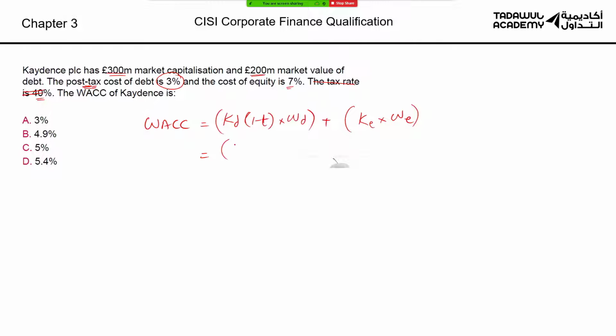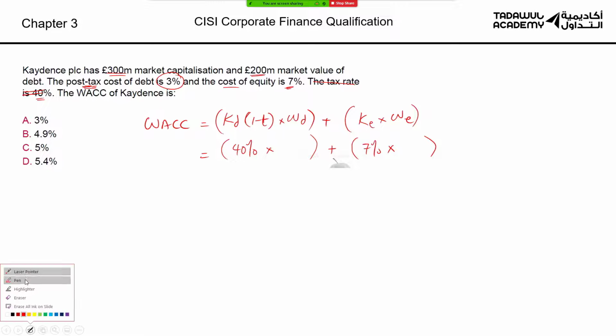So the cost of debt times, what is the weight of debt? We don't know yet. Plus the cost of equity, which they give to you, 7% times the weight of equity. Oh, sorry, 3%. You're right. Thank you for correcting me.